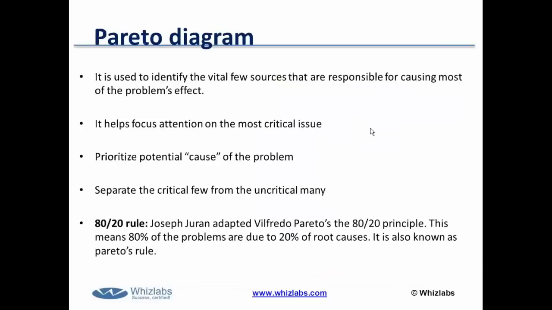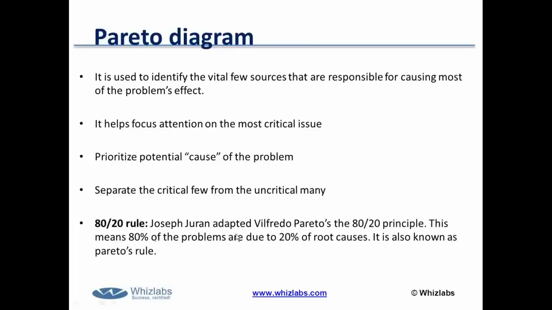Now, the fifth quality planning tool is called the Pareto diagram. The Pareto diagram is also called the 80-20 rule. Many of you must know that 20% of the causes can create 80% of the problems in your projects.